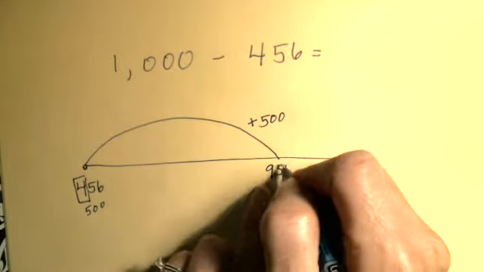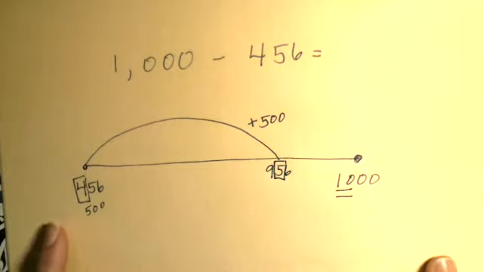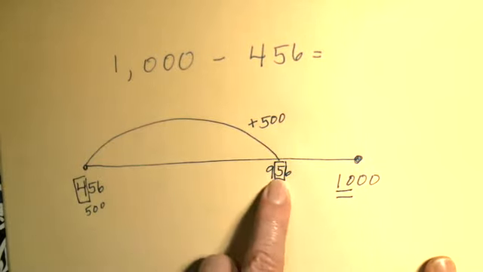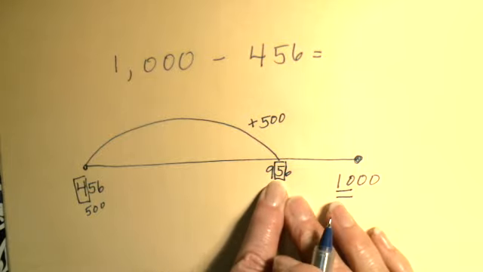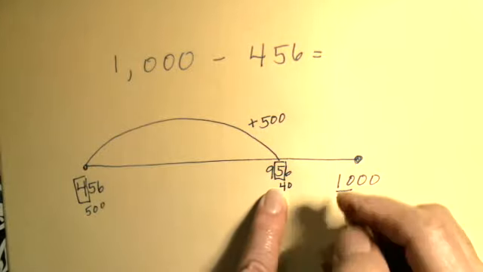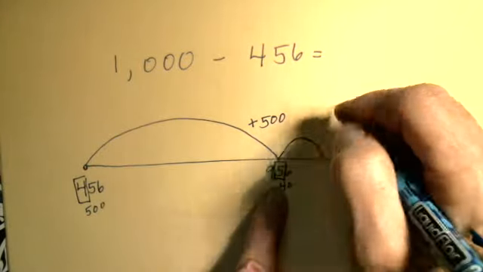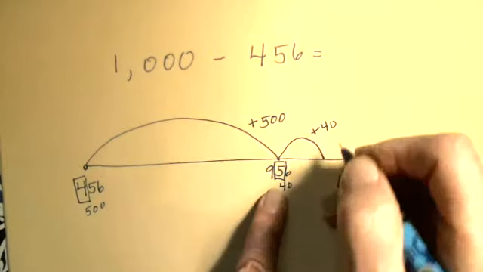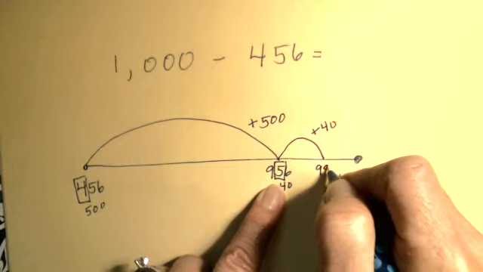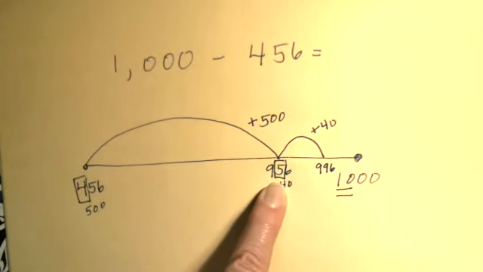Now I'm looking at the tens place because I used as many hundreds as I could to get as close as I could. I have a 5 in the tens place. If I add 40, that's going to get me to 996. You see that?